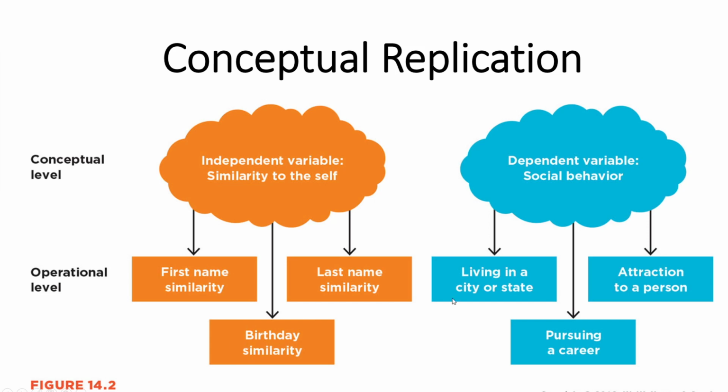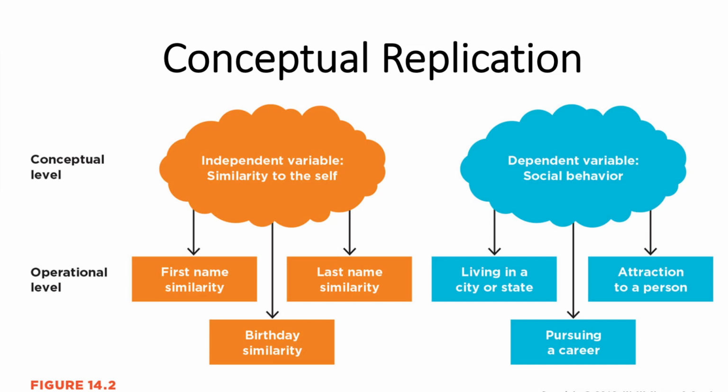And then they had tested it using their dependent variable of attraction to a person, or liking. That was in the last study. So we have this similarity to the self as the IV and social behavior as a DV. And so we saw that people who had ID numbers similar to your birthday, you end up liking them more.